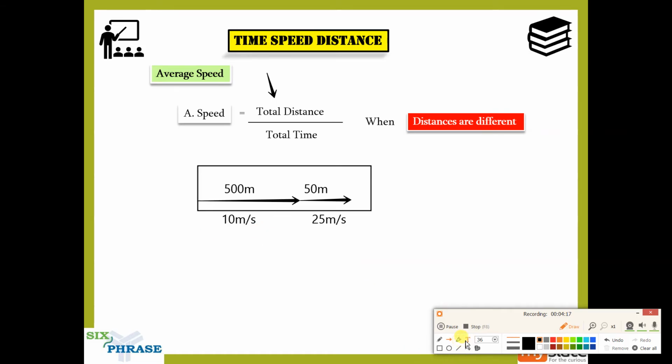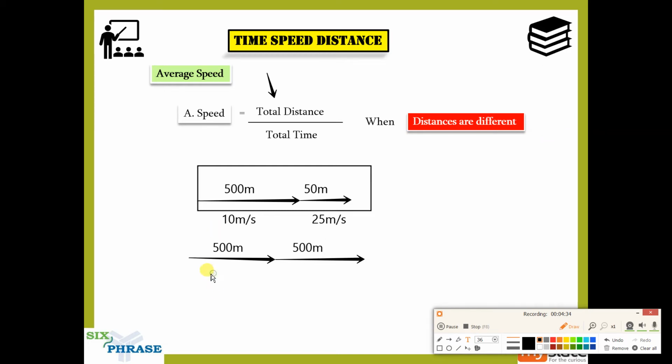Now the next case is when we have 500 meters, and again we have 500 meters. So here this will be 500 meters, and this will also be 500 meters.